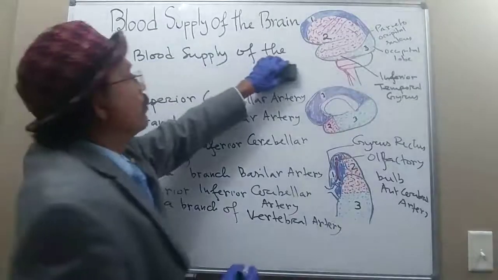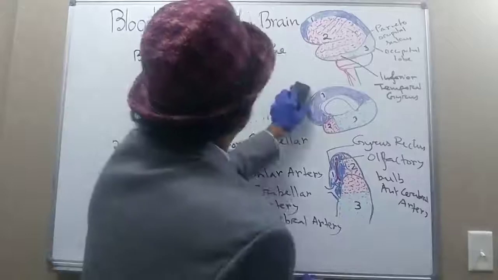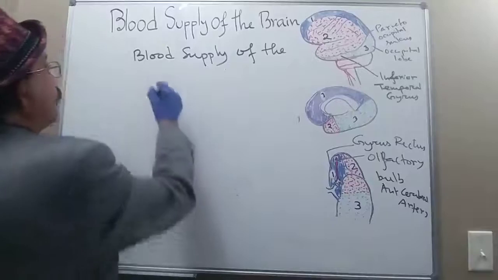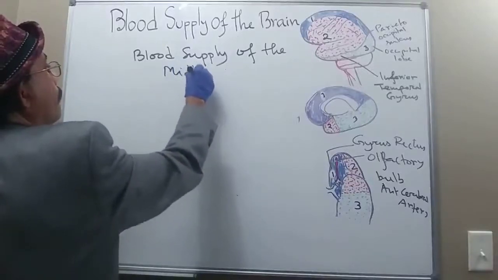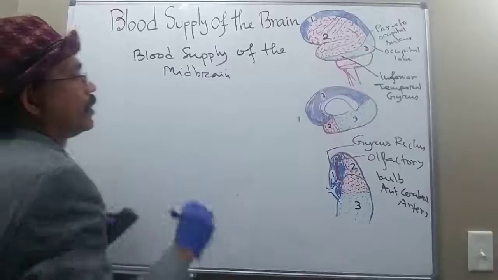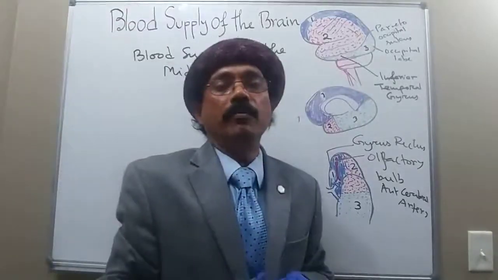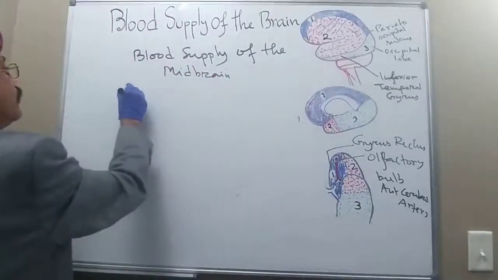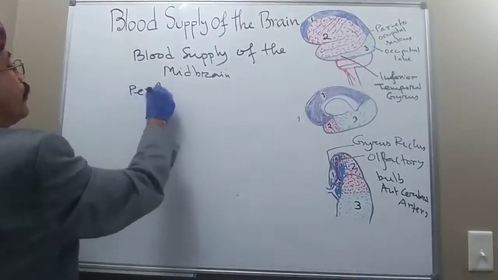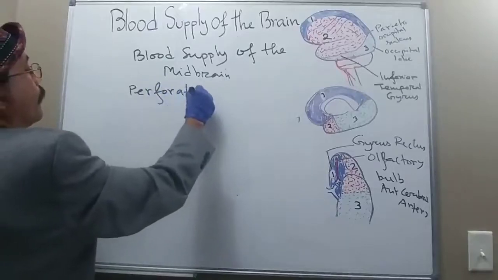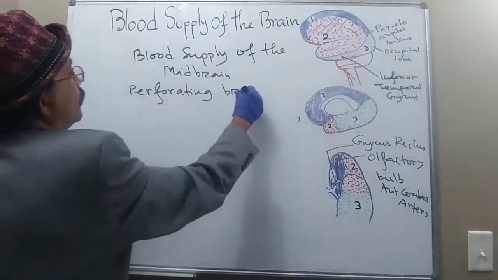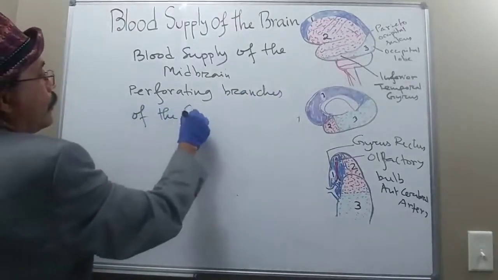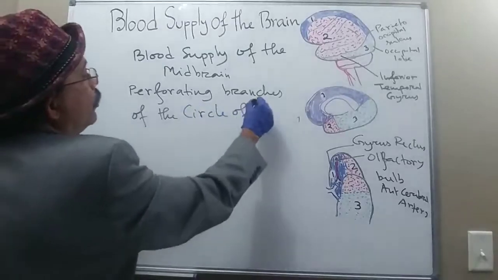Now we'll go to the blood supply of the midbrain. Blood supply of the midbrain is carried out by the perforating branches of the circle of Willis.